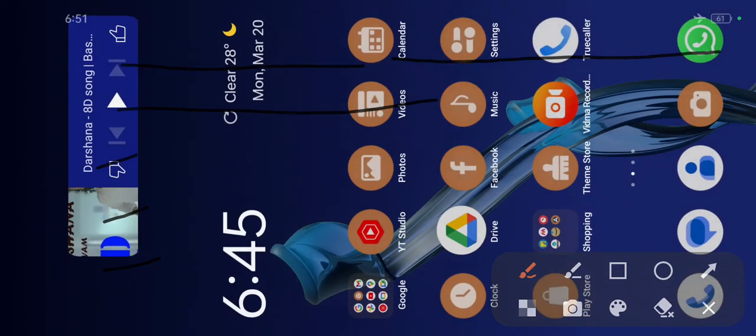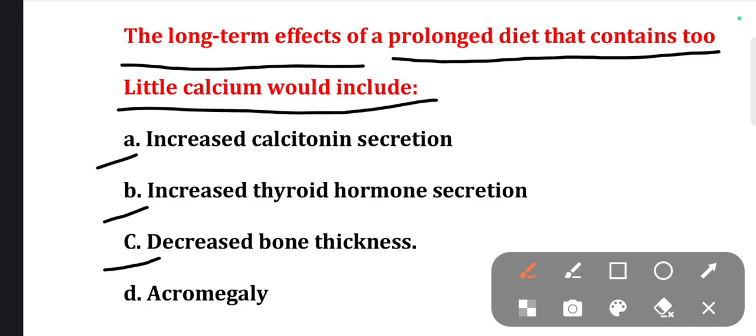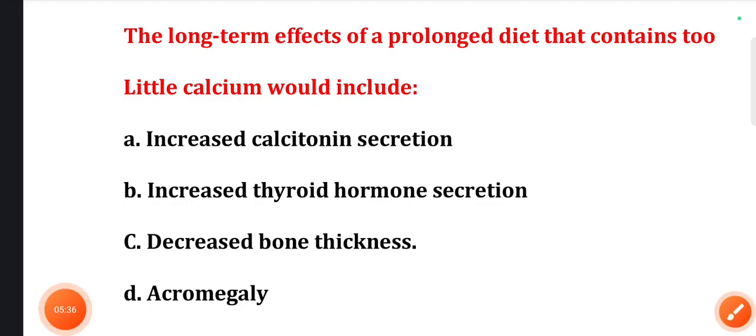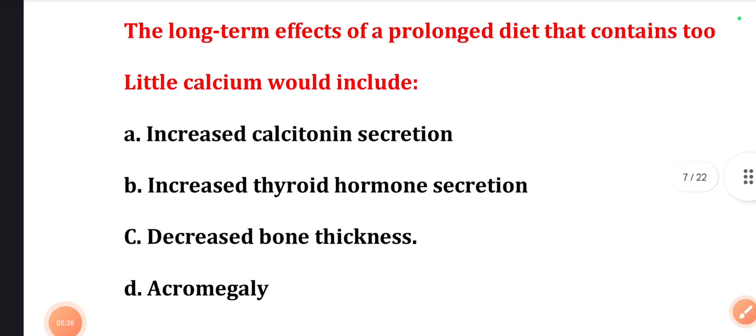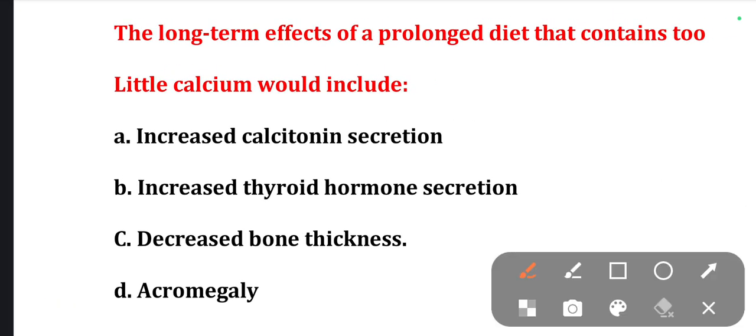Option D is acromegaly. The right one is decreased bone thickness. Why? Because when a person takes very little calcium, bone deformity occurs and bone thickness and density will be reduced.